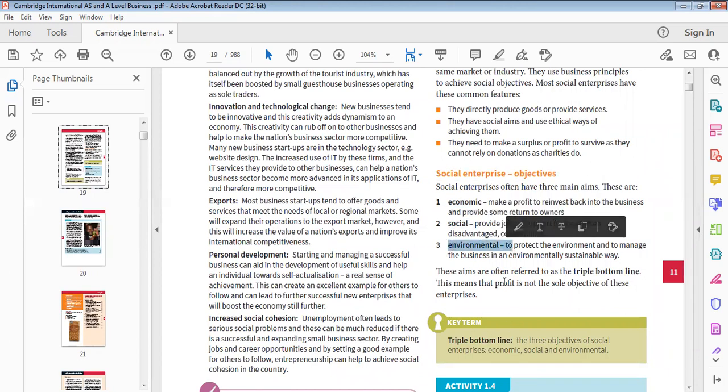That means their aim is to take care of the economic. One of their objectives is to be economic, that means financial, or what you understand by profit. They aim to make profit, so it's not a charity. Many people confuse social enterprise with charity, but that is not correct.